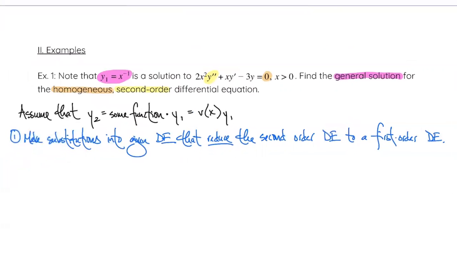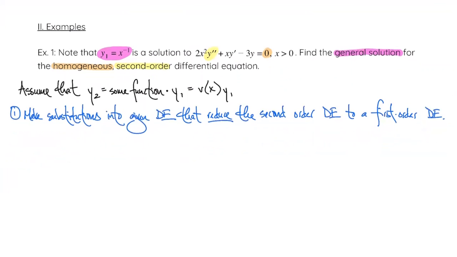Okay, so we're going to make some substitutions. These substitutions are going to be clever so that we can take this second order that we don't know how to solve, turn it into a first order that we do know how to solve. All right.